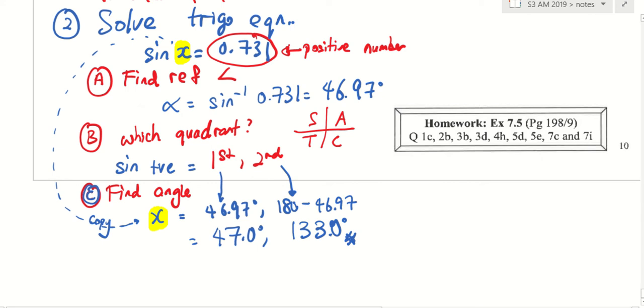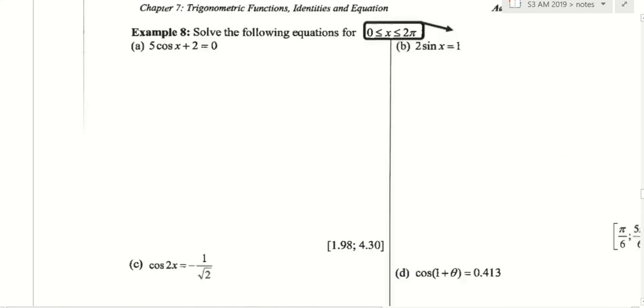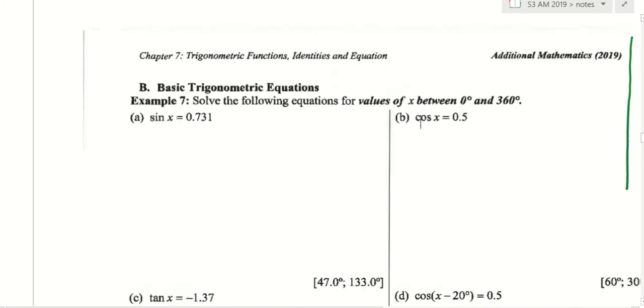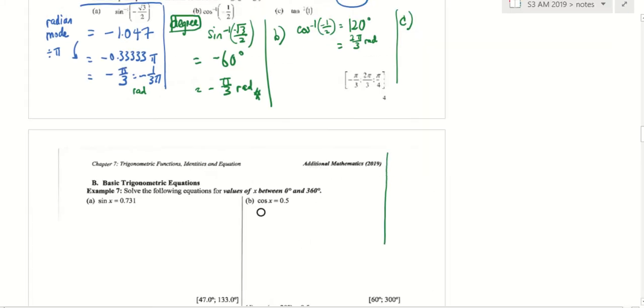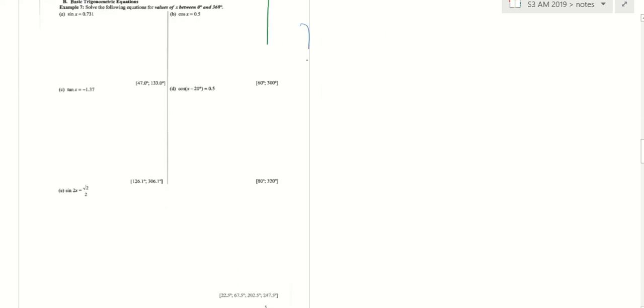Go back to this. Before you all run away, this one do it as homework, and I want it on 17th of September. Page 5. Just the notes alone.